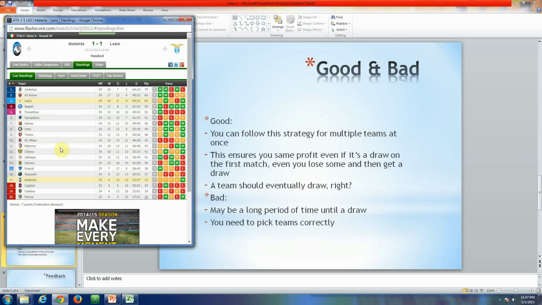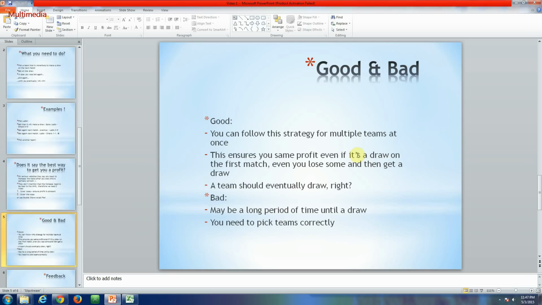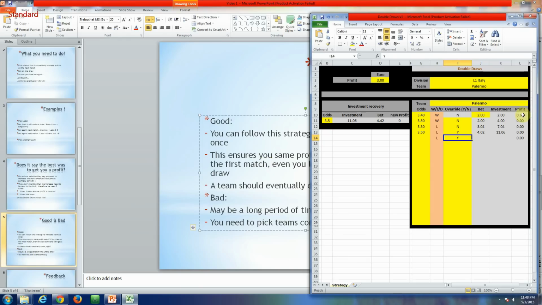This ensures you the same profit even if it's a draw on the first match, even if you lose some games and then you get a draw, which is what I explained. The profit is still €3 or how much you want to be.